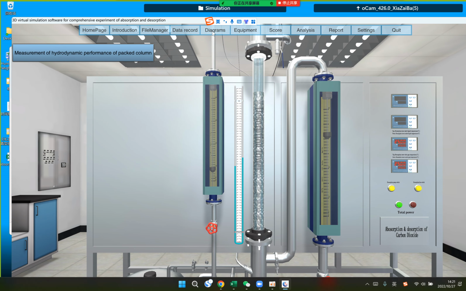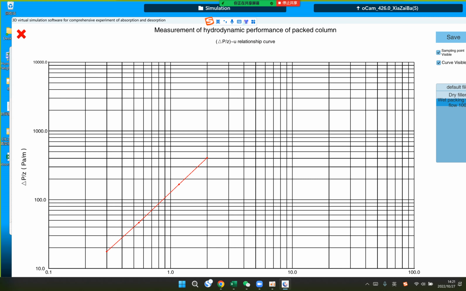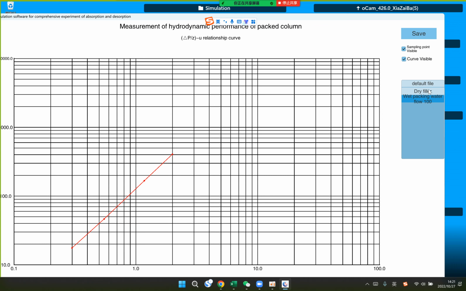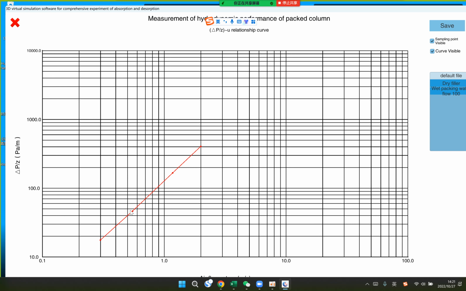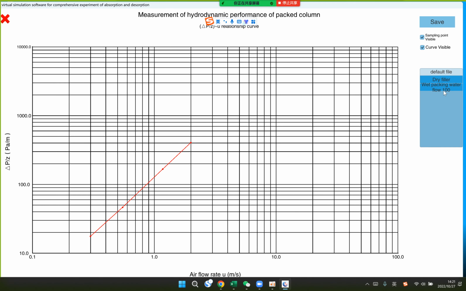So now we may check from the diagram. Why does it only show the curve for the dry? Oh, this tab.